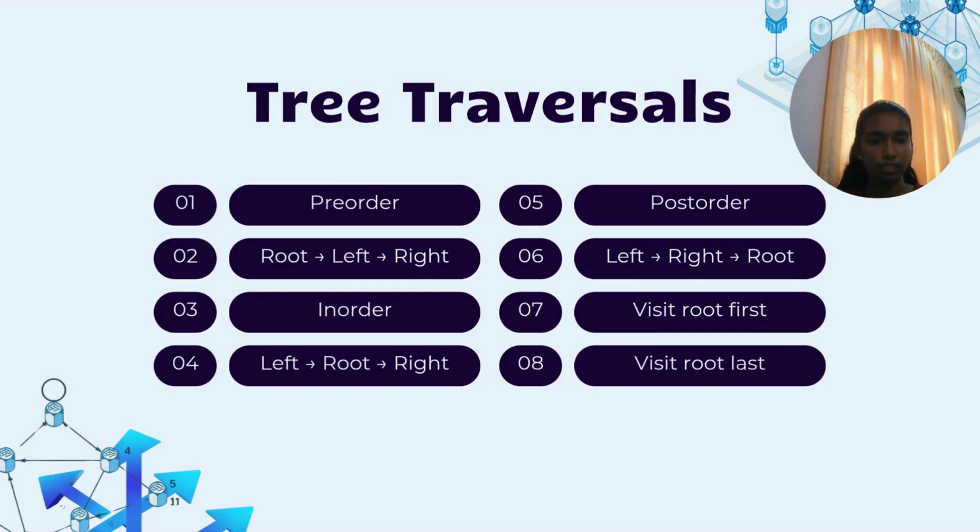For BSTs, in-order traversal always gives sorted output. Third is post-order traversal. In post-order, we visit left, right, root. For BST reconstruction, pre-order and in-order traversals are especially important.